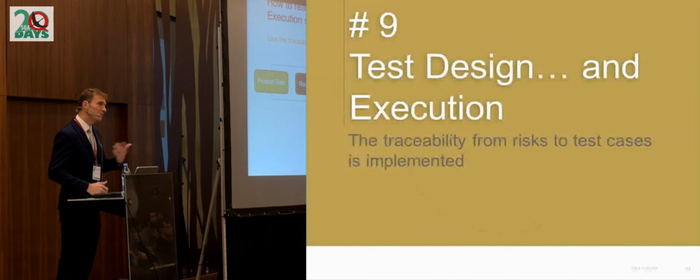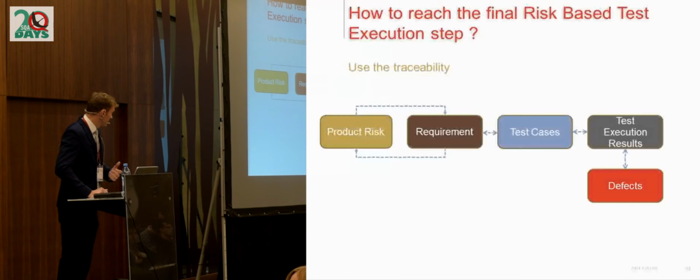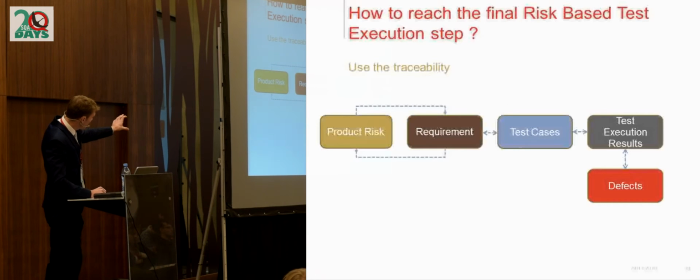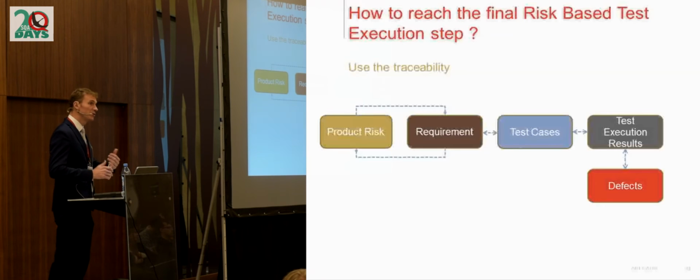And to be efficient, you will need to use the traceability. So, of course, you will need a test management tool to manage that. And if you do it properly, you will have links between risks, requirements, test cases, test execution results, and defects. And the goal is to improve and to update your risk repository during test executions.